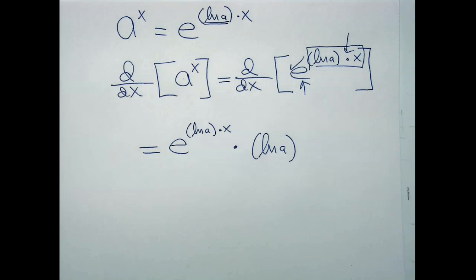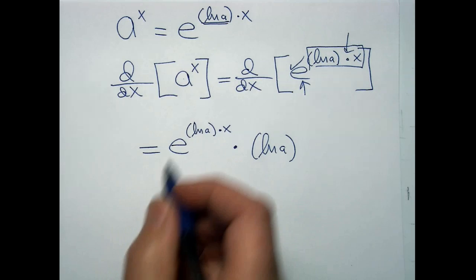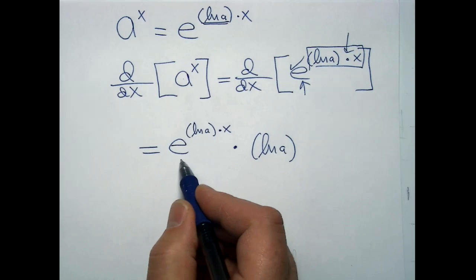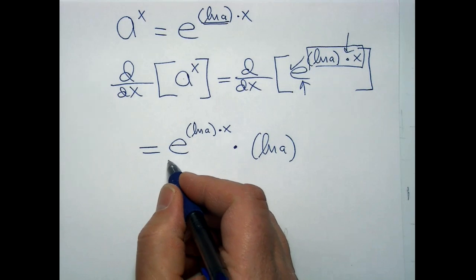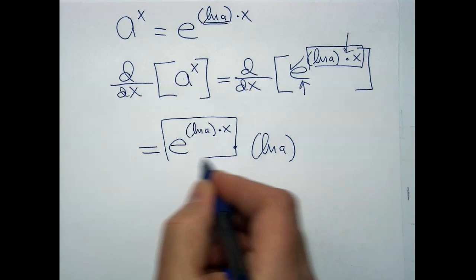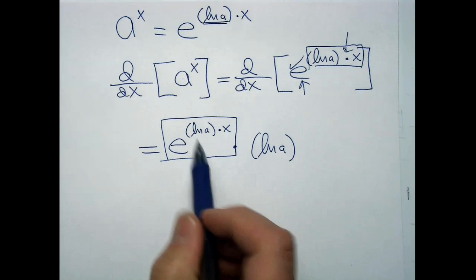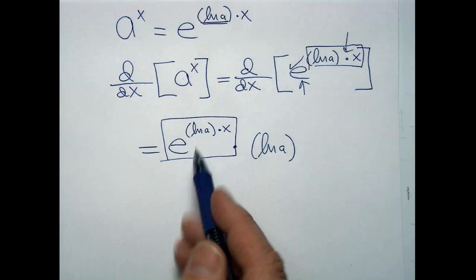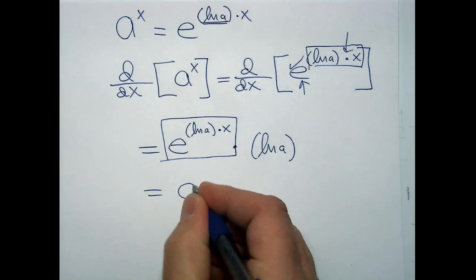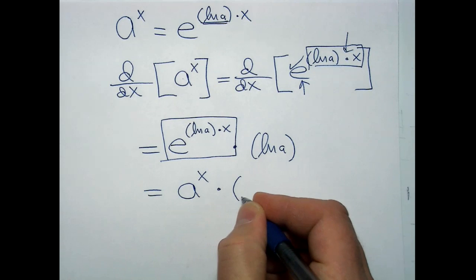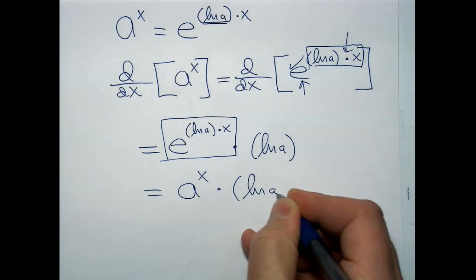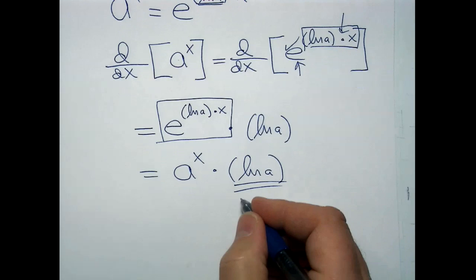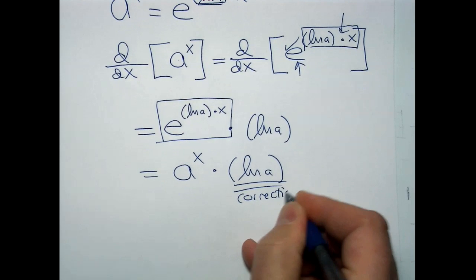So what you've discovered is the following. The derivative of a to the x is all of this down here, but wait a second. Does that look familiar? Right there. It is a to the x, actually. So this becomes a to the x multiplied by the natural log of a. I'm going to keep referring to this as a correction factor.